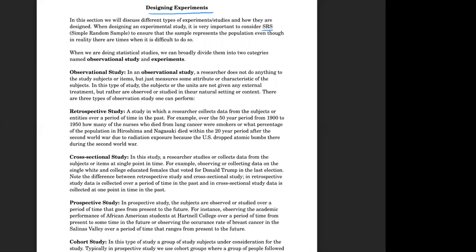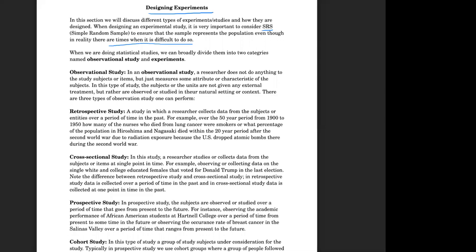There are times you'll find that it is difficult to do completely simple random sampling. You may not have enough available subjects because of geographical restrictions or financial restrictions. So there are many issues that come into the real world when you are actually designing an experiment.